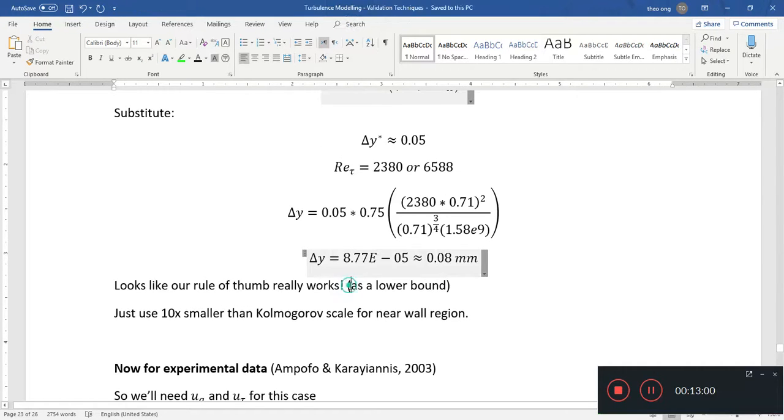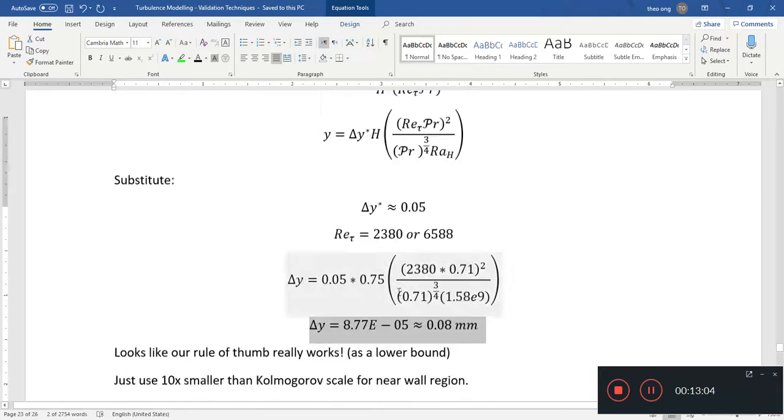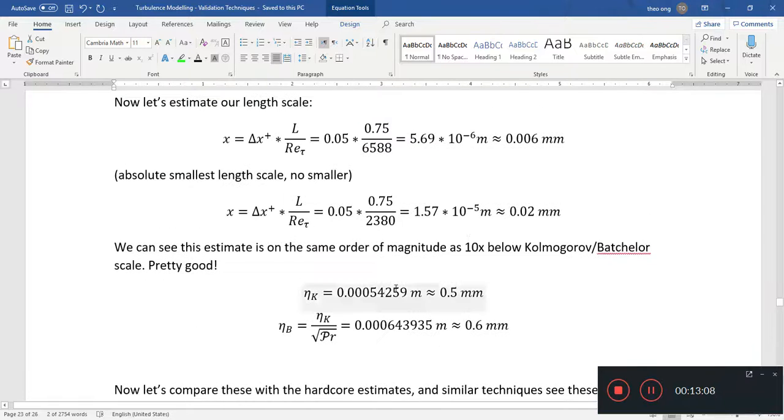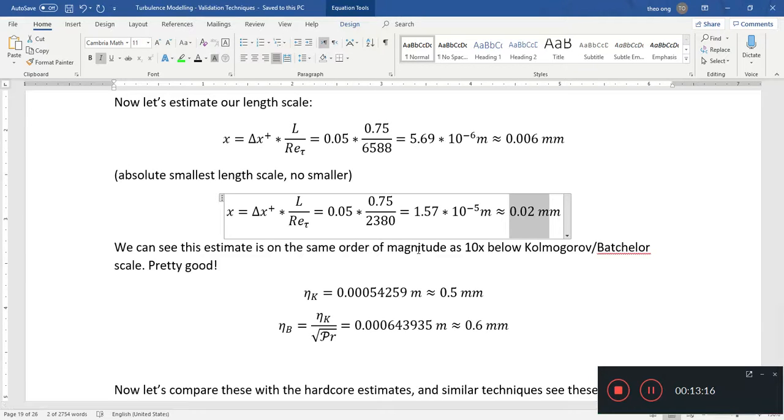Looks like our rule of thumb really works as a lower bound. If you take a look at the lower bound, which is over here, 0.02 mm, which means we take the buoyancy velocity as if it was a flat plate problem, and our buoyancy velocity will become the free stream velocity.